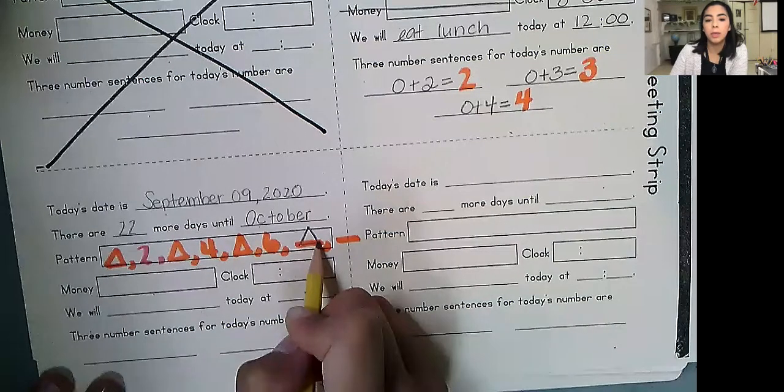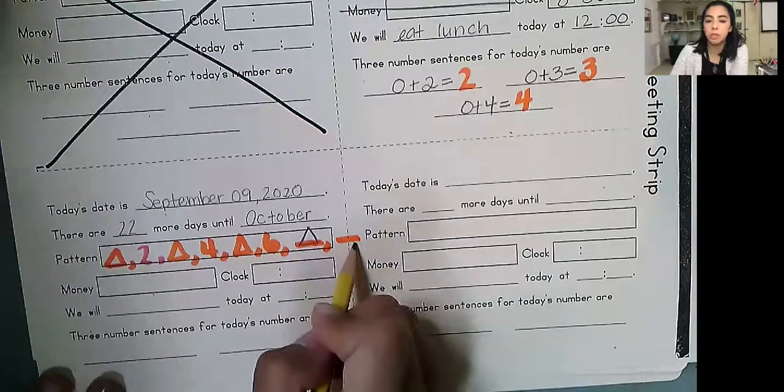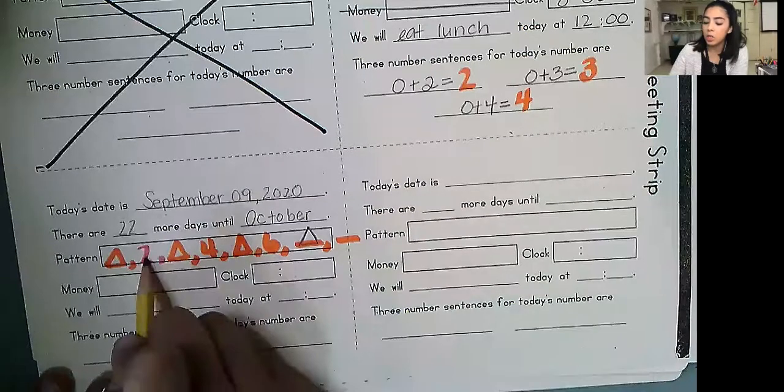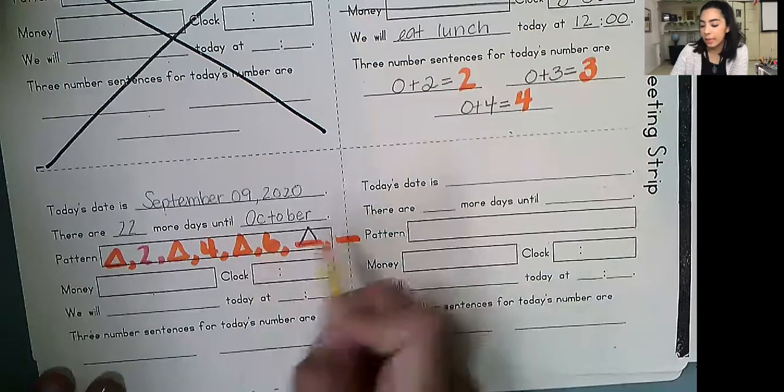And the numbers keep on going up by 2. So I think this spot is going to be, let's count, 2, 4, 6, 8.